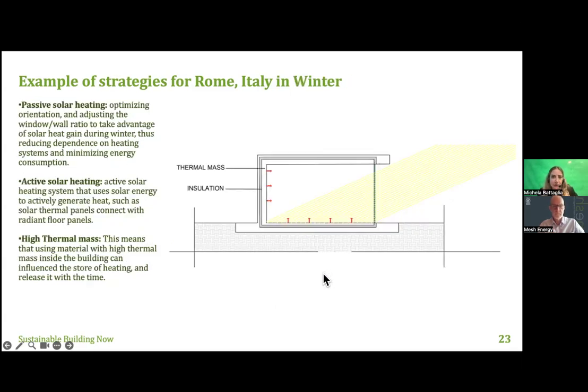This is the case for winter in Rome, where we need the solar gain of the sun to heat the interior of the building, but also high thermal mass material inside the building.